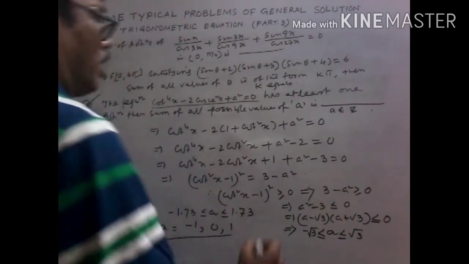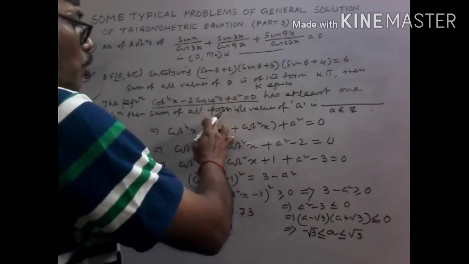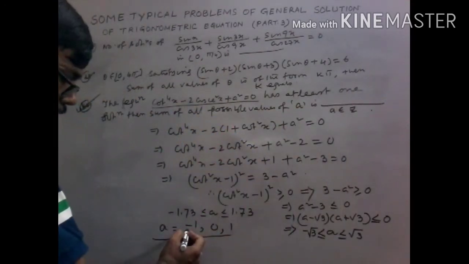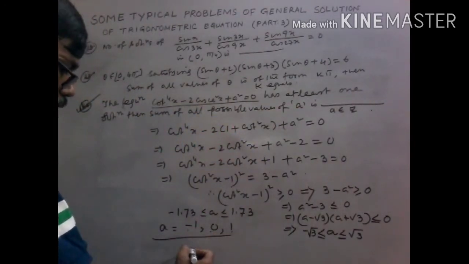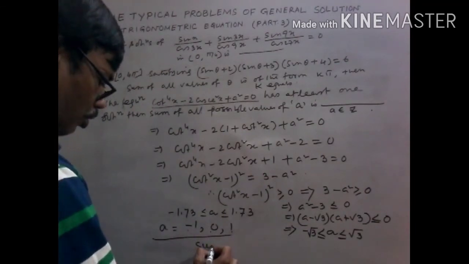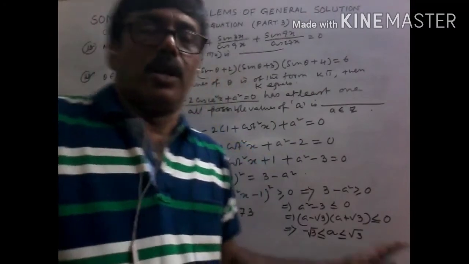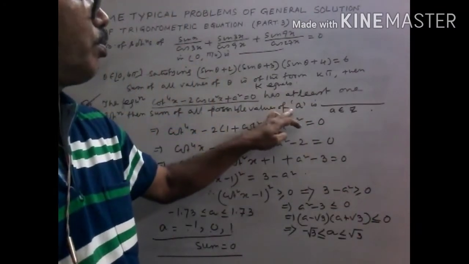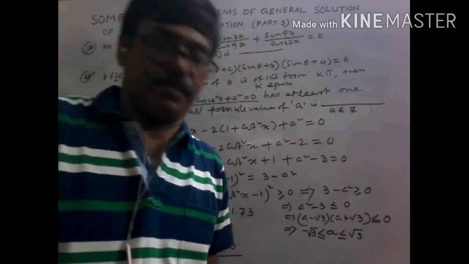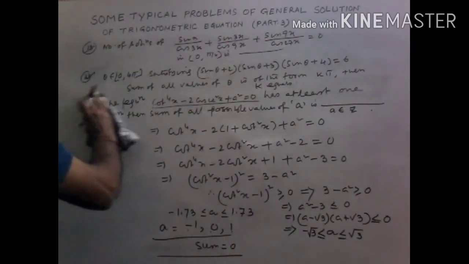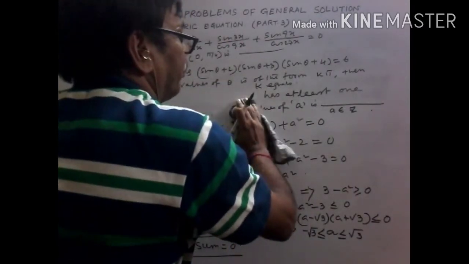So these are values of a. The sum of all possible integral values of a, these three values, so obviously sum is 0. So this type of problems. Look, this is an integer type problem. Now we consider this one.